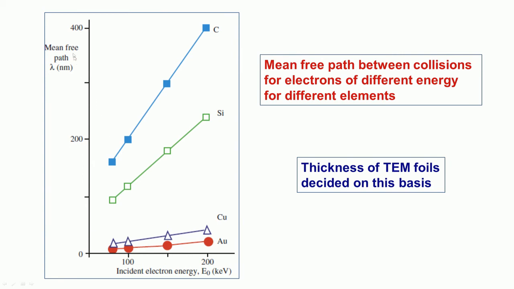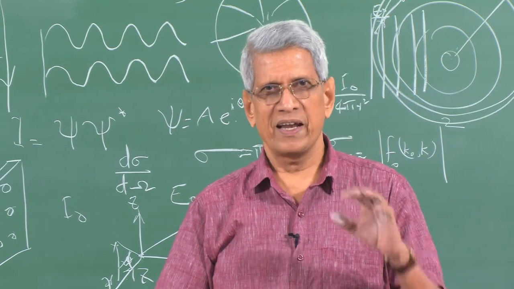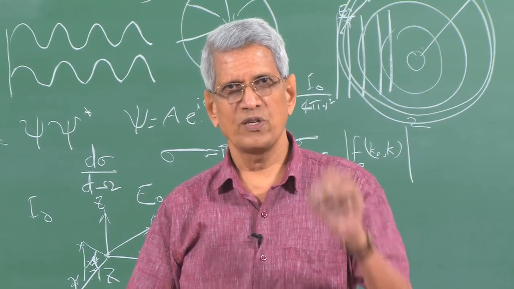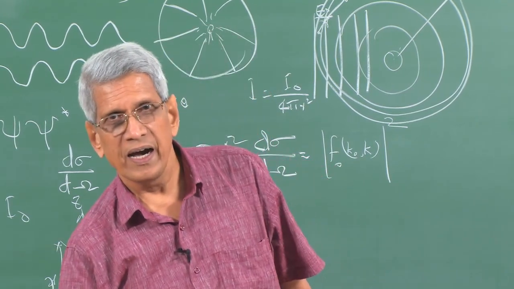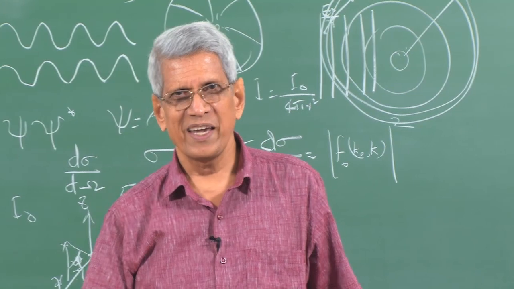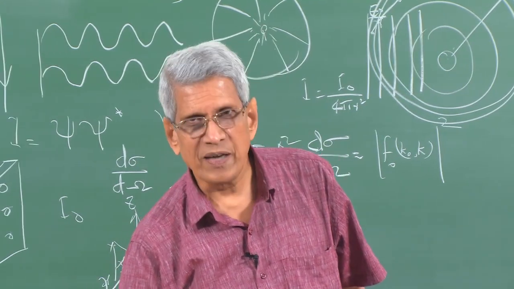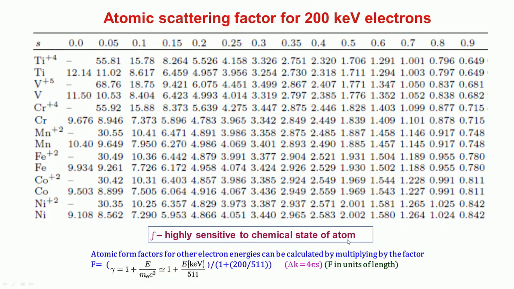The mean free path means that when the electron enters the sample, between the first collision and the next collision, this is the distance it will travel, and that is where it is going to lose energy inelastically. So, thicker samples could be used.